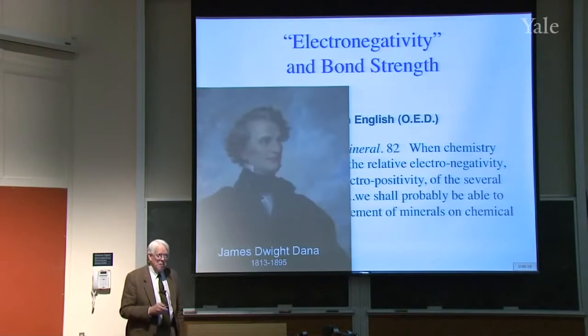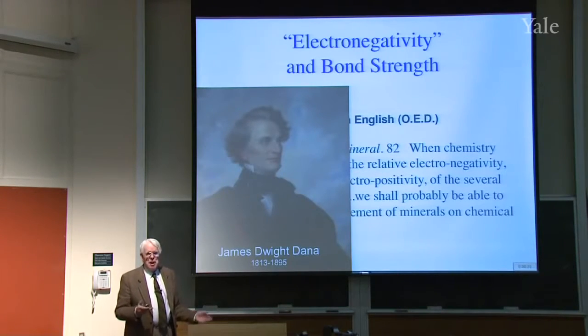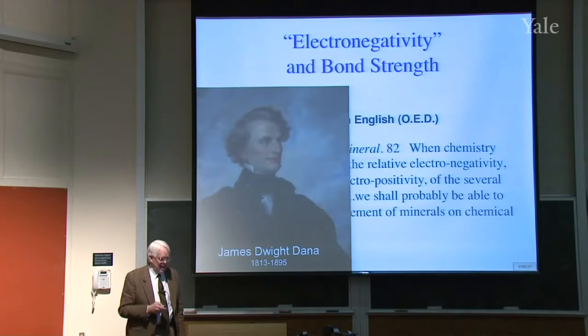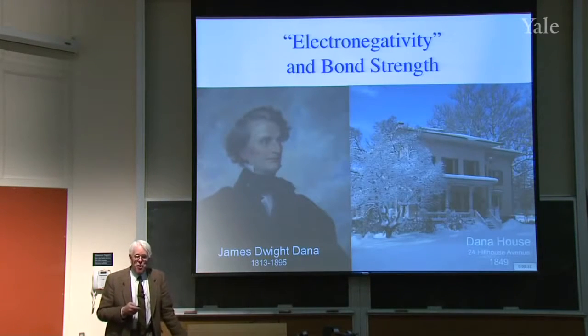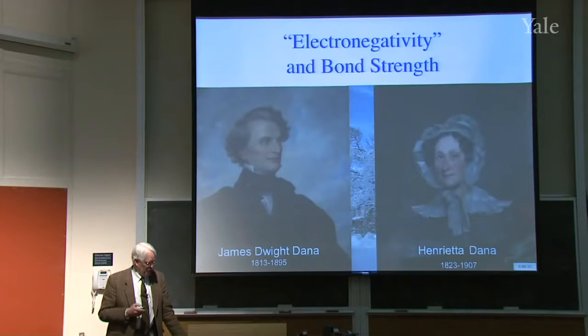And we mentioned that James Dwight Dana was a professor here at Yale in the 19th century. He lived in this house that you've walked by, which is now a National Historical Monument. And he lived in the house with his wife, Henrietta Dana.